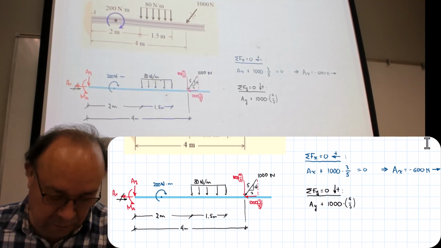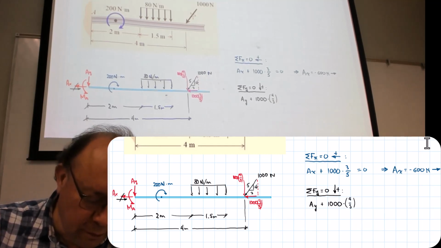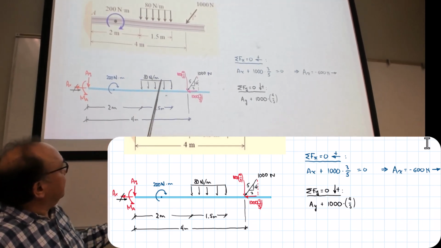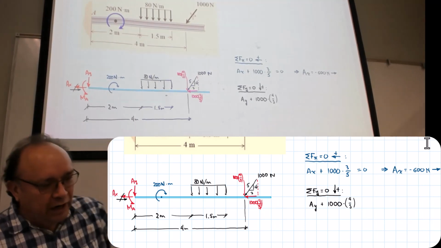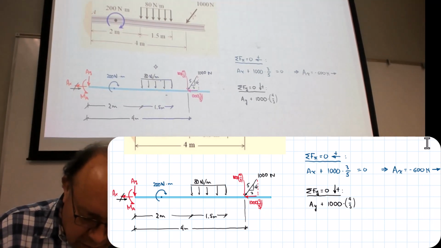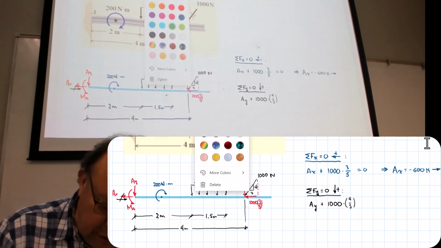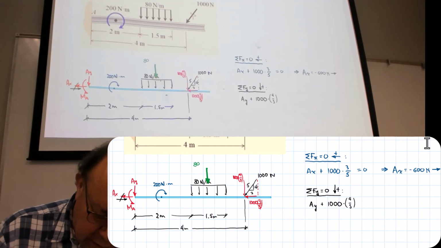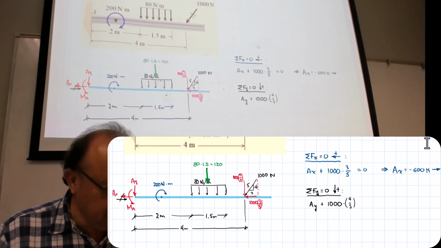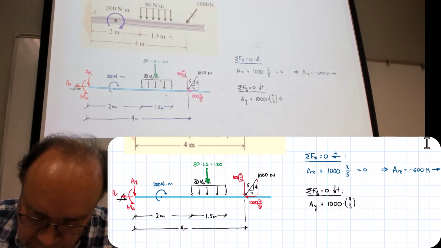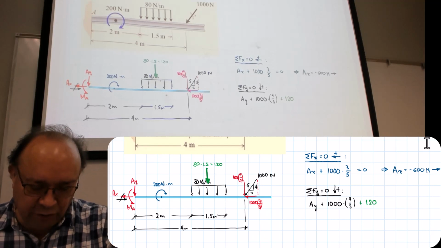Any other one? The distributed load, the 80, and it's gonna be 80 times 1.5, so there will be a force here in the middle, and the value of that force will be 80 times 1.5, so it will be 120. That force is also going down, so positive plus 120, and I don't see any more forces.